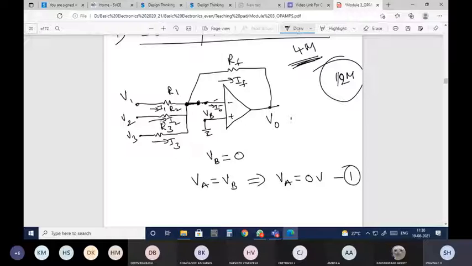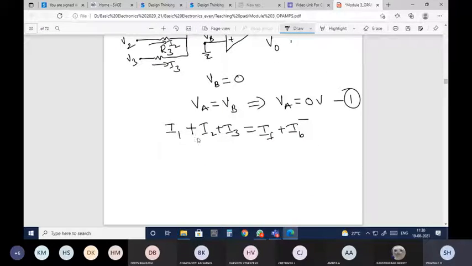Okay, fine. Now I need to apply KCL at this node. KCL at that node is nothing but currents entering is equal to currents leaving. So I1 is entering current, I2 is entering current, I3 is also entering current, and IB minus and IF are leaving currents. The sum of all the currents entering the node is equal to the sum of all the currents leaving the node. IF is leaving and IB minus is also leaving.